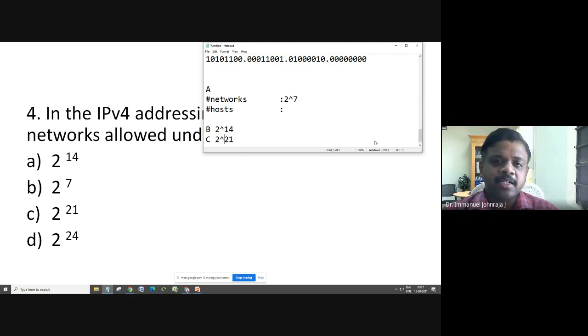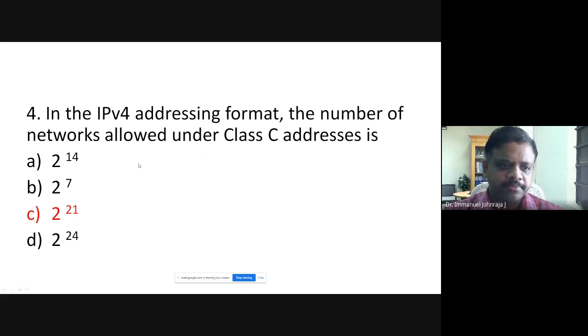In class A, the first octet is for the network and the remaining 3 are for the host. So there are 8 plus 24 bits. The first bit is fixed as 0, so you got only 2 power 7. I hope you remember all these calculations given by your faculty member. So this is a straight answer. You are supposed to know this answer by heart by looking at the number. This is for class C.